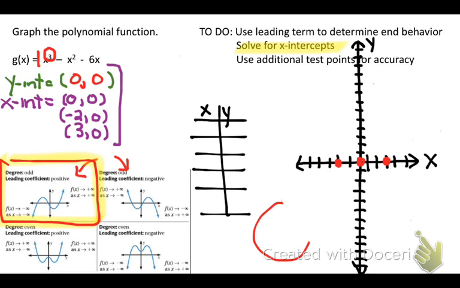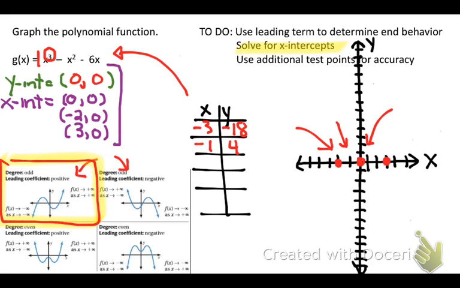So we're going to choose an x value that is to the left of the -2. So we'll choose -3. And when I sub the -3 back into the original function, it should come out to -18. Then we might choose the -1. We sub in the -1, the y becomes 4.